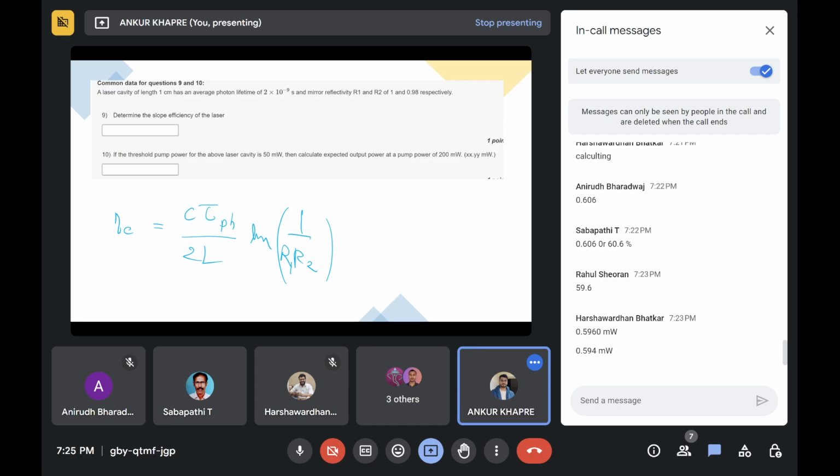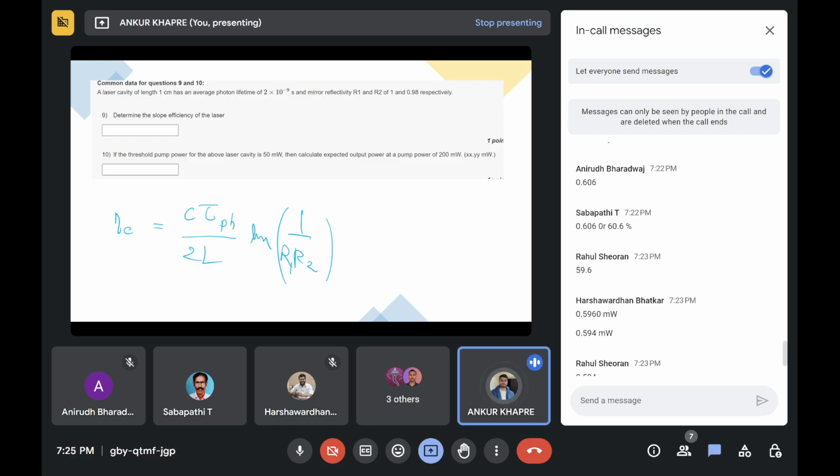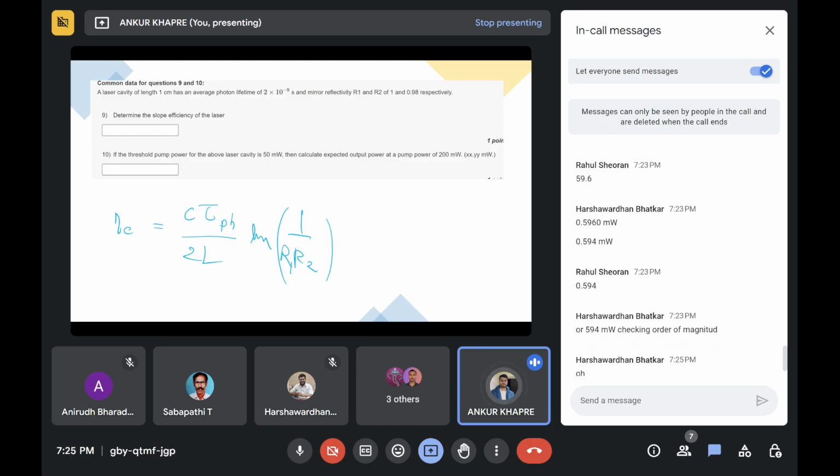Okay. Now this question number 10. Something they have tried, Rahul and Harshvardhan. They didn't get it. What is asked here?